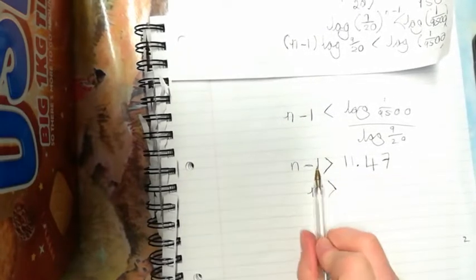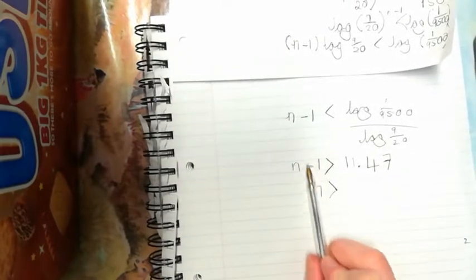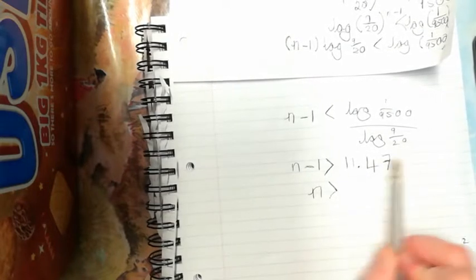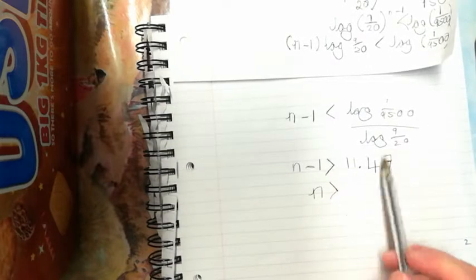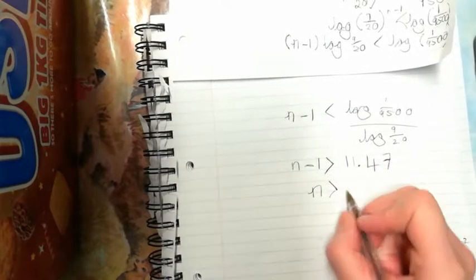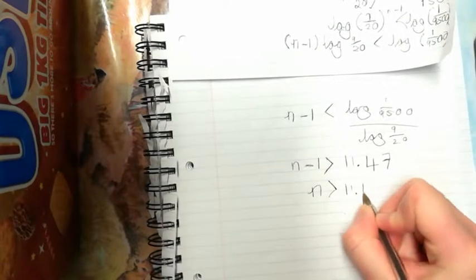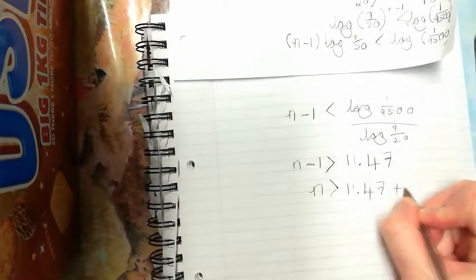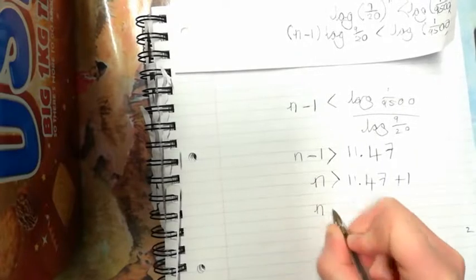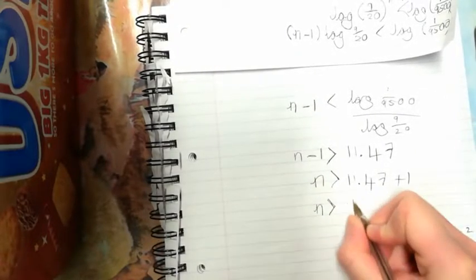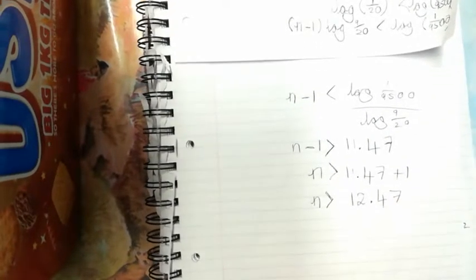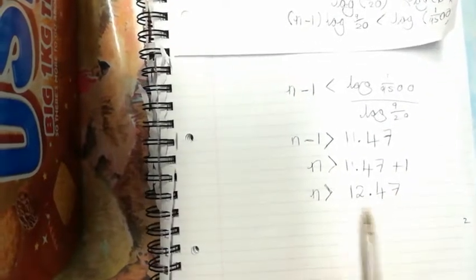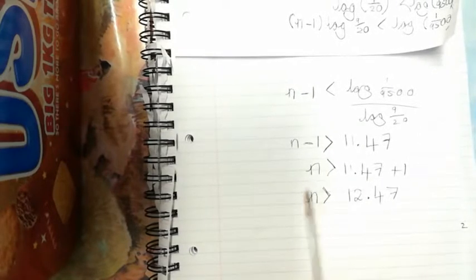Now we're bringing our 1 across. If we're just moving it from one side to the other, the inequality direction doesn't change. Only when we're multiplying or dividing by a negative quantity. So it's going to be 11.47 plus 1, so n is going to be greater than 12.47. But we are asked what day, so n is the day, the term number, which for each term is a day.